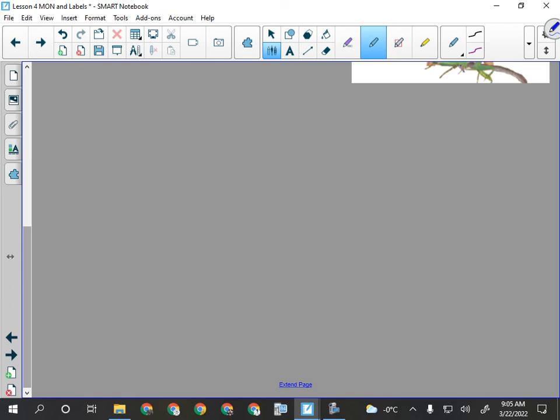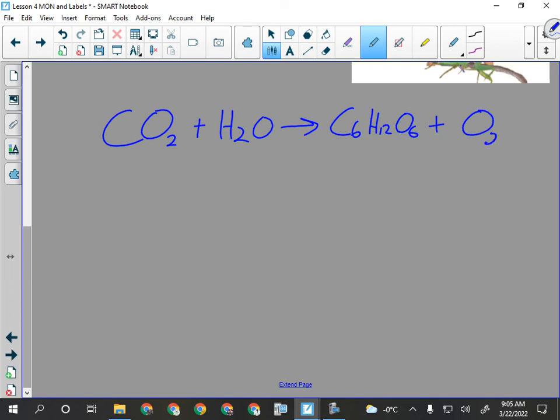Okay, photosynthesis as a chemical reaction looks like this. And of course, we would have to balance that, so there would be 2 here.